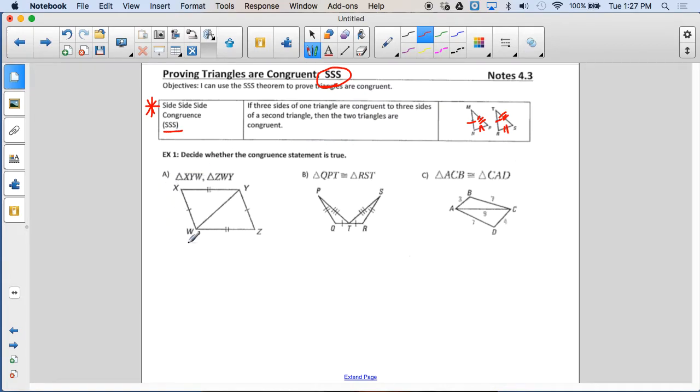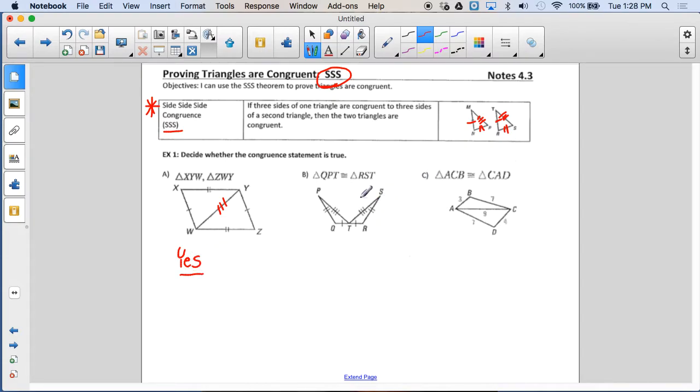Let's look at our first example here in A. I've got one side that matches one side of the other triangle. I've got XY that goes with WZ, and guess what? WY is a side for both of the triangles. So yes, WY counts because it's congruent to itself. So this one definitely shows us side, side, side.